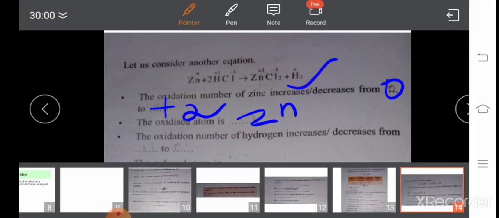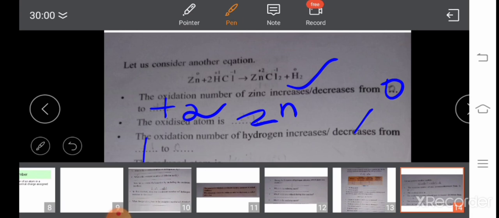That means the oxidation number of hydrogen decreases from +1 to 0. The reduced atom is hydrogen because the process in which oxidation number decreases is called reduction. Here hydrogen chloride is the oxidizing agent and zinc is the reducing agent.